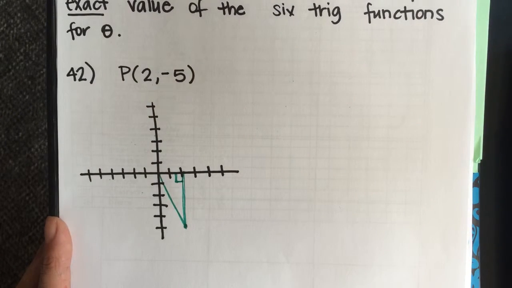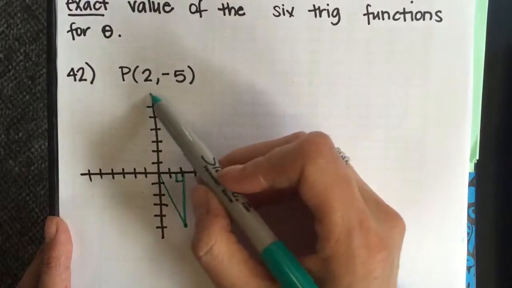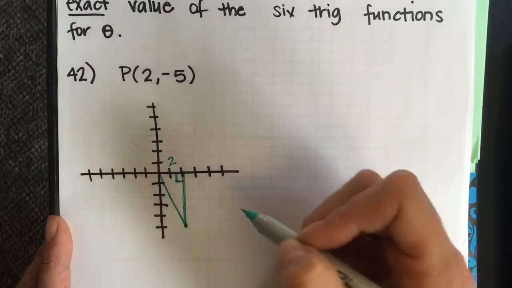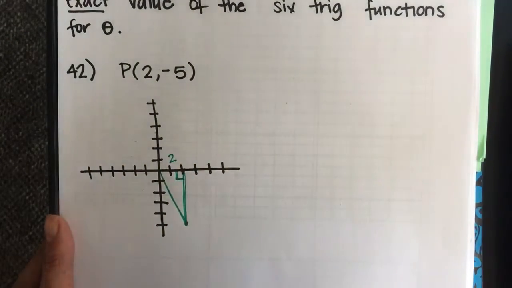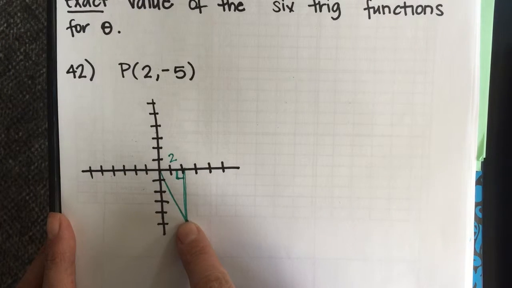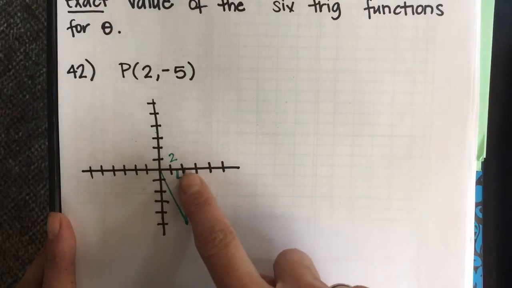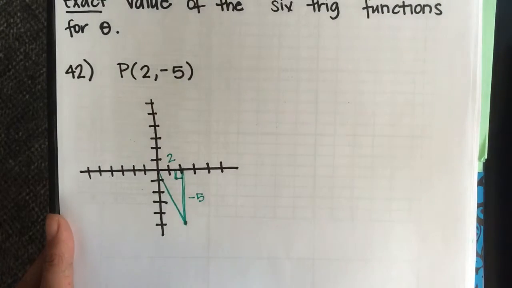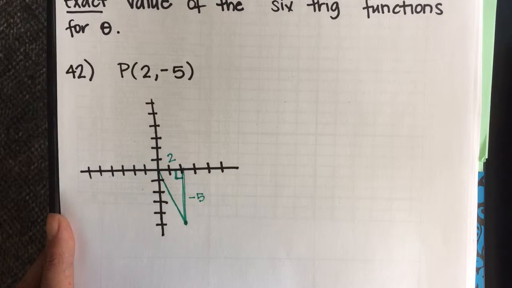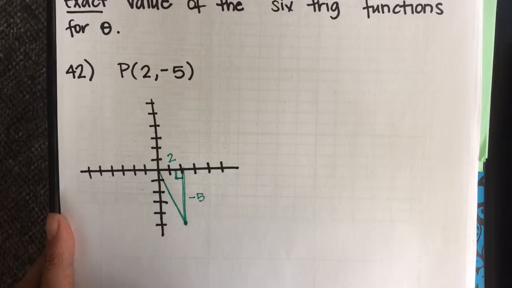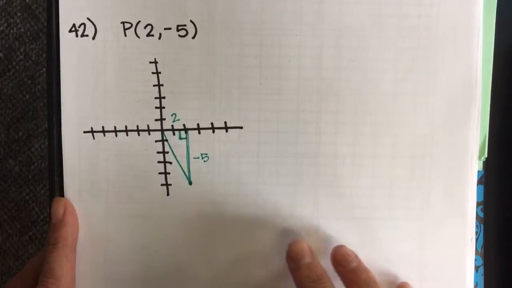So if we label our two sides that we know, the length of the x is +2. And even though you can't have length be negative, since it's going down, it's going in a negative direction, we're going to label this side -5. So there we have two sides of a right triangle. If I want to find the 6 trig functions, I need all 3 sides. I need to find the length of the hypotenuse, and to do that we use the Pythagorean theorem.